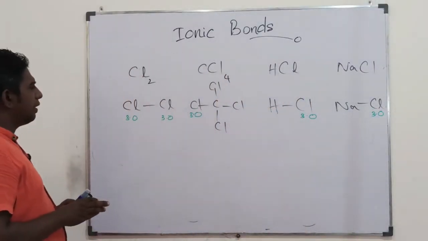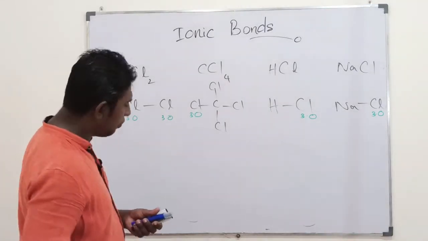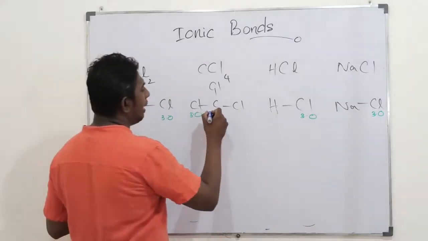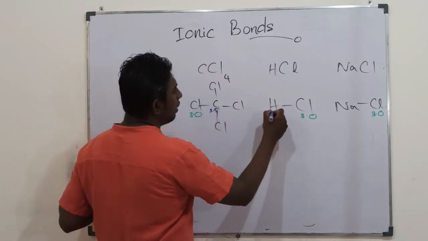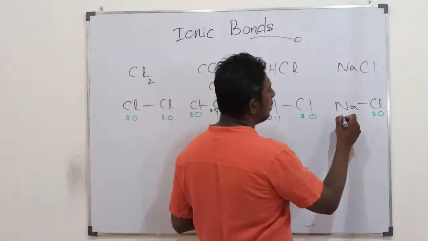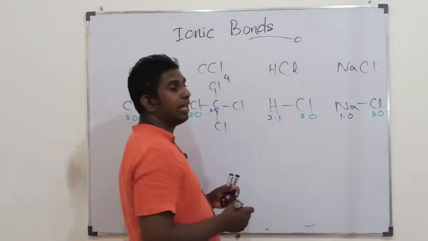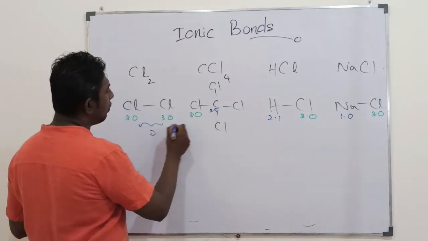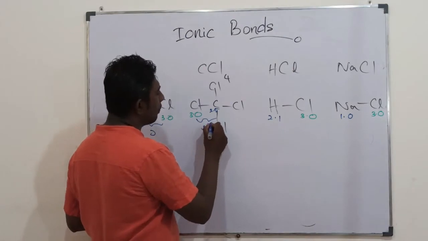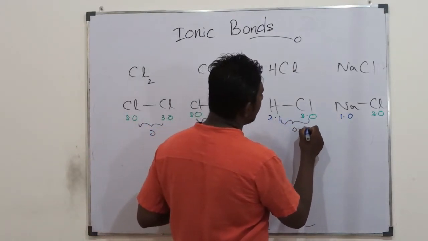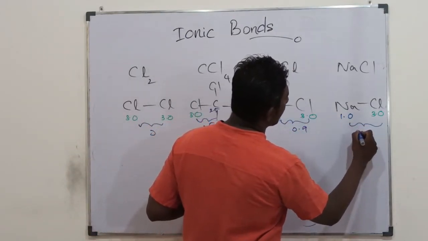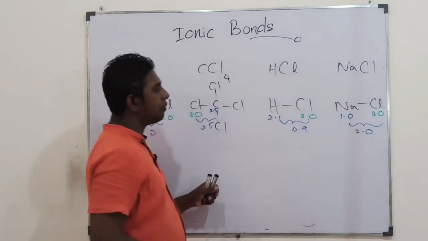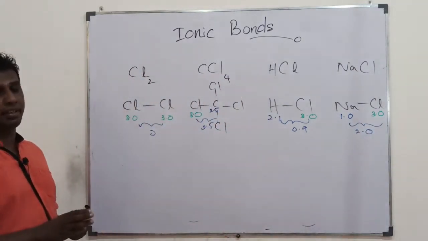Then carbon has 2.5, hydrogen 2.1, and 1.0 for sodium. Those are the electronegativities. Then let's give their differences: 0, 0.5, 0.9 and 2.0. Those are the electronegativity differences.